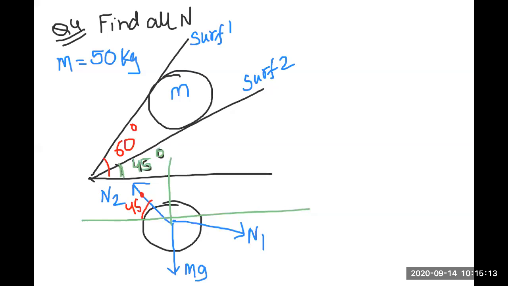And the angle made by the vertical and the normal reaction is the same as the angle of the incline, so this must be 60 degrees.